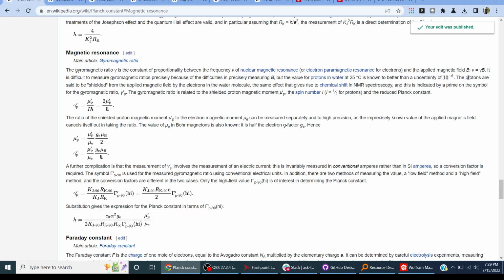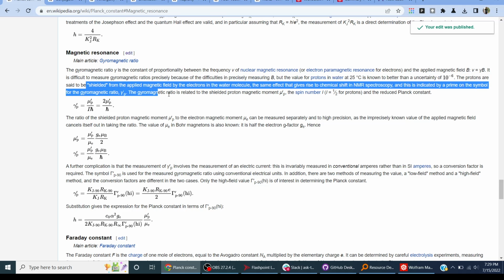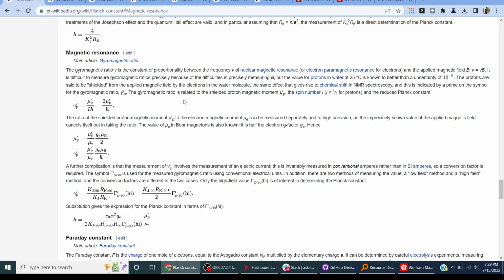The protons are said to be shielded from the applied magnetic field by the electrons in the water molecule, the same effect that gives rise to chemical shift in NMR spectroscopy. And this is indicated by a prime on the symbol for the gyromagnetic ratio, gamma prime. The gyromagnetic ratio is related to the shielded proton magnetic moment, mu sub p, the spin number I equals one half for protons, and the reduced Planck constant.